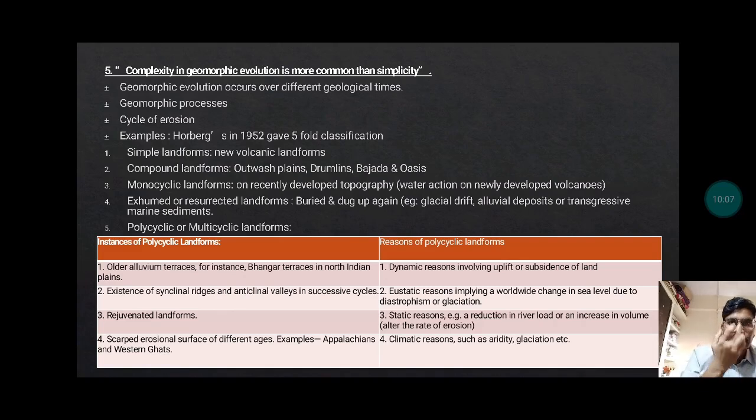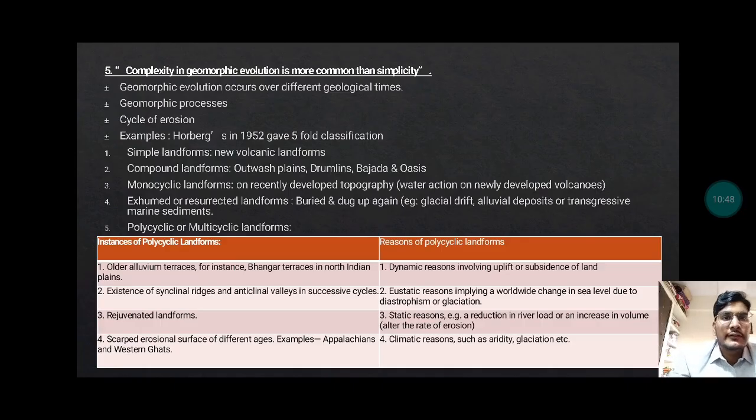Okay. The last example related to polycyclic landforms is scarped erosional surfaces of different ages. For example, we can take the Western Ghats. The Western Ghats earlier did not have such immense relief, but due to the subsidence of the plate, especially near the Arabian Sea, these are now relief features with heights of nearly 1500 m in Sahyadri to around 2695 m in Doda Betta or Nilgiri.